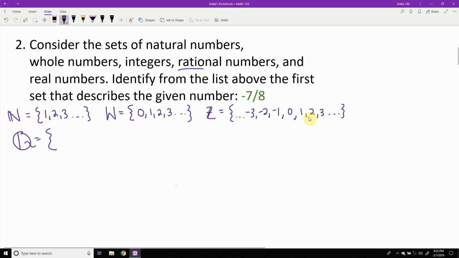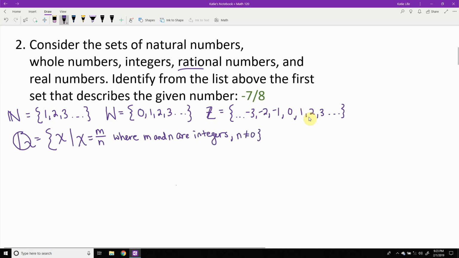So I have to say this is the set of all elements such that those elements can be written as a ratio of integers, where m and n are integers, and in particular, n cannot be 0.